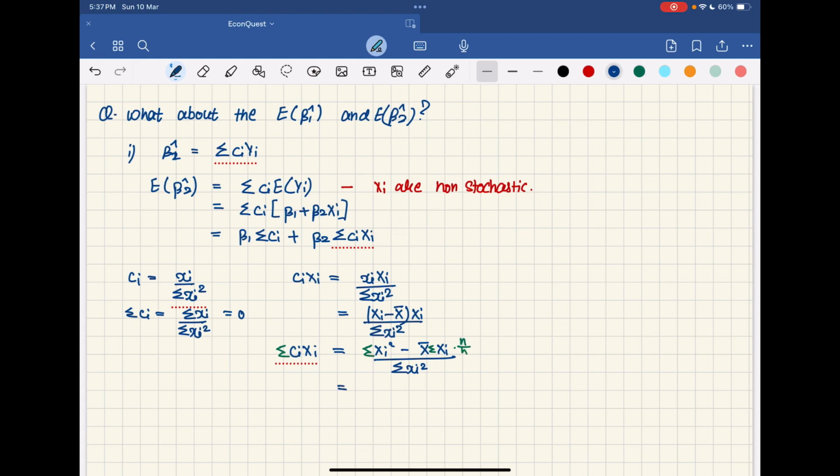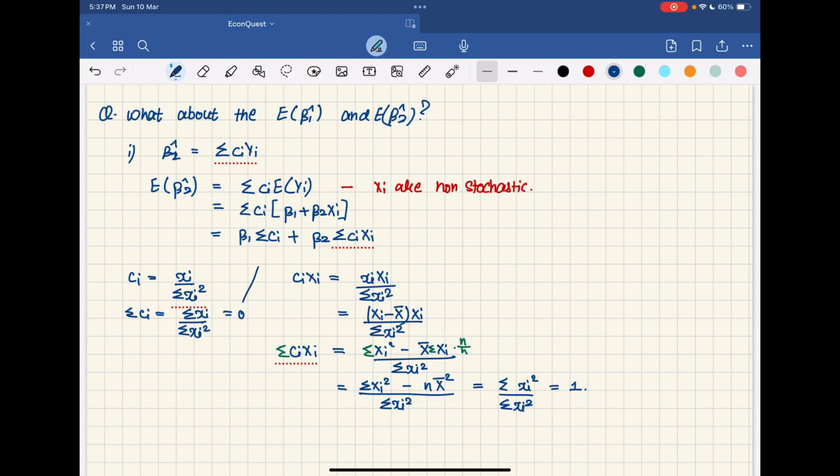You will get something like this: summation of xi square minus n times x bar square divided by summation of xi square, right? This numerator part is equals to sigma xi square, right? Divided by sigma xi square. This is equals to 1.